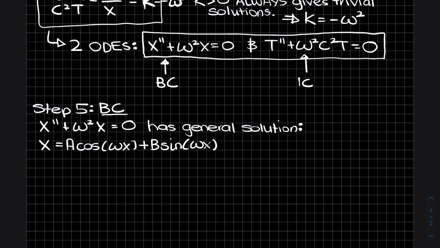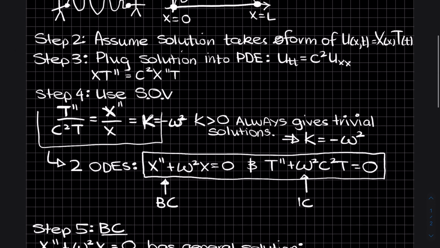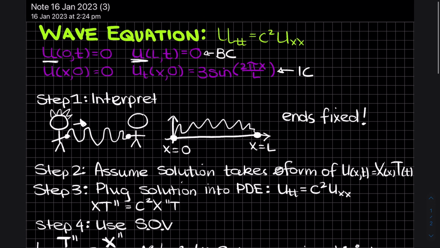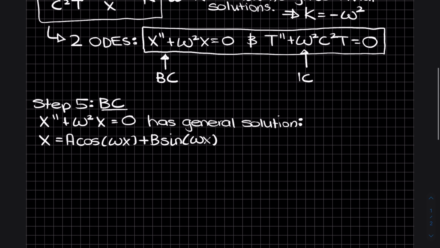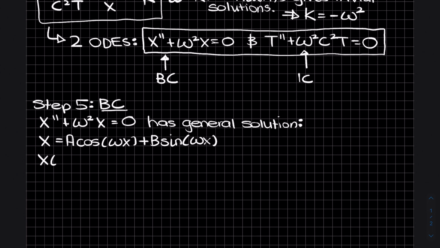So once we've got this, now we're going to actually use those boundary conditions. In the boundary condition here, we've got our x equals 0 and our x equals L, and both of those are equal to 0. So we're going to put in x equals 0, and if our x goes to 0, we know that the sine term will vanish, so we're going to end up with a cosine lambda x equal to 0, and this can just imply that a equals 0.